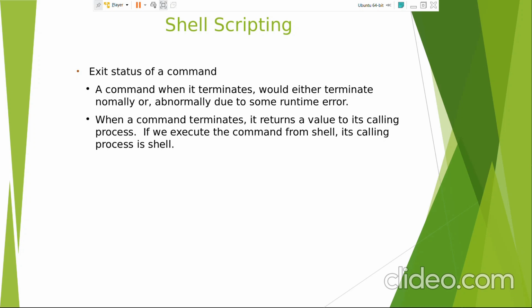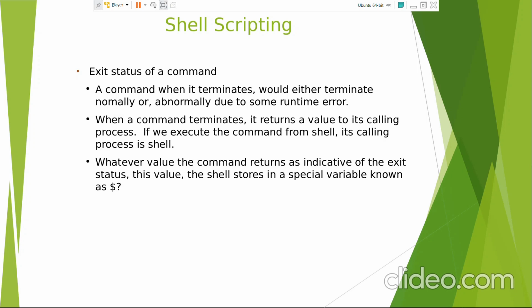And if this process is executed from the shell prompt, if shell happens to be the parent of this particular process which is just terminating, then it returns the exit status to its parent, that is the shell.